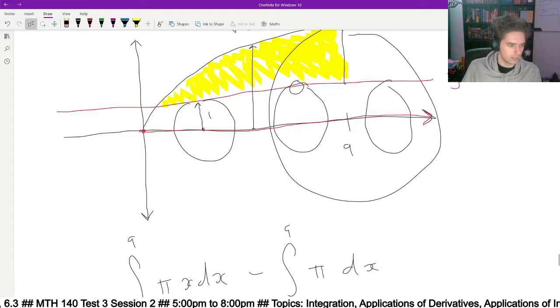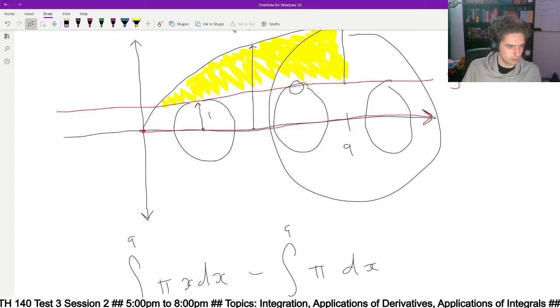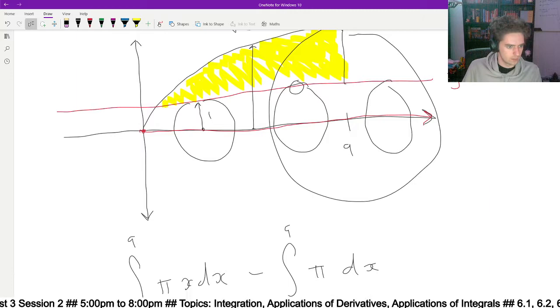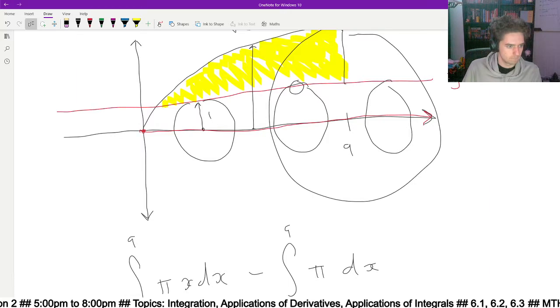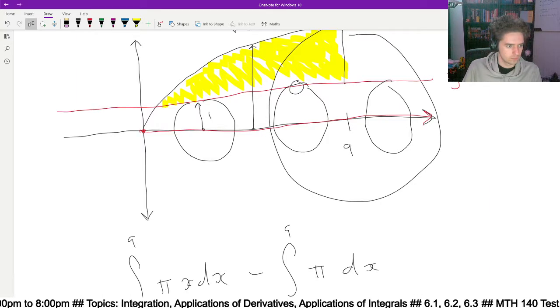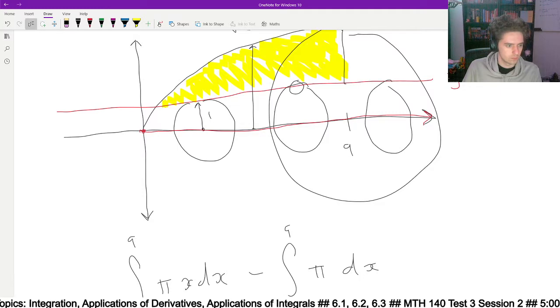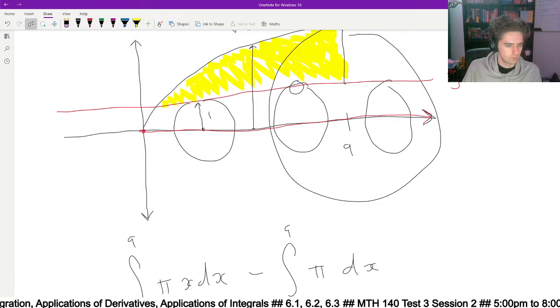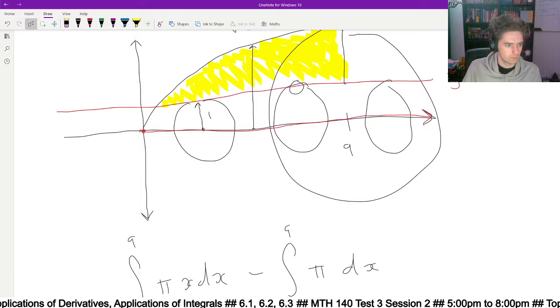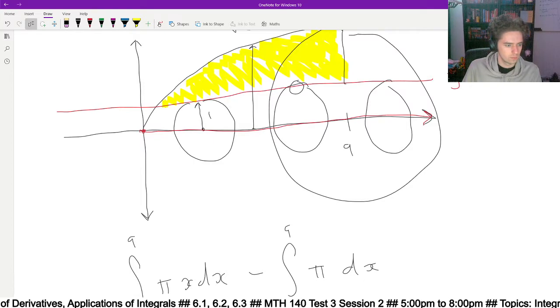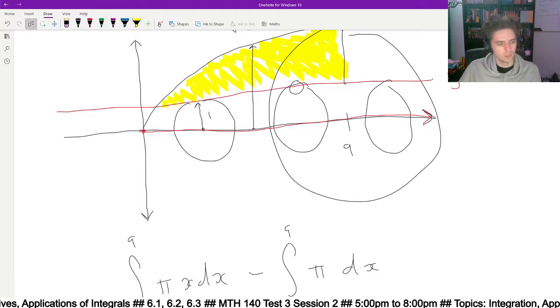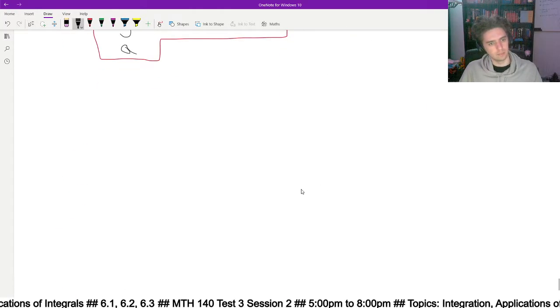Maybe let's do a more complicated washer method with actual two different functions. Okay, what about this one? This one's pretty good.